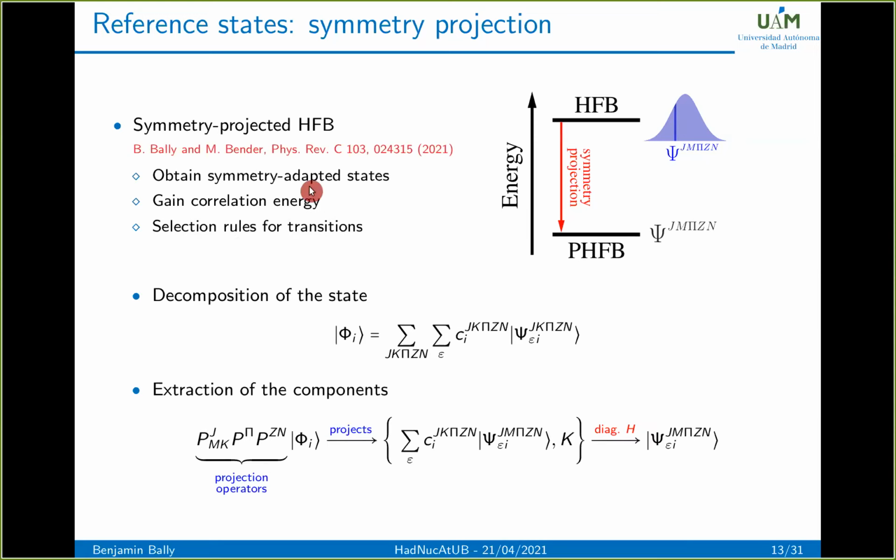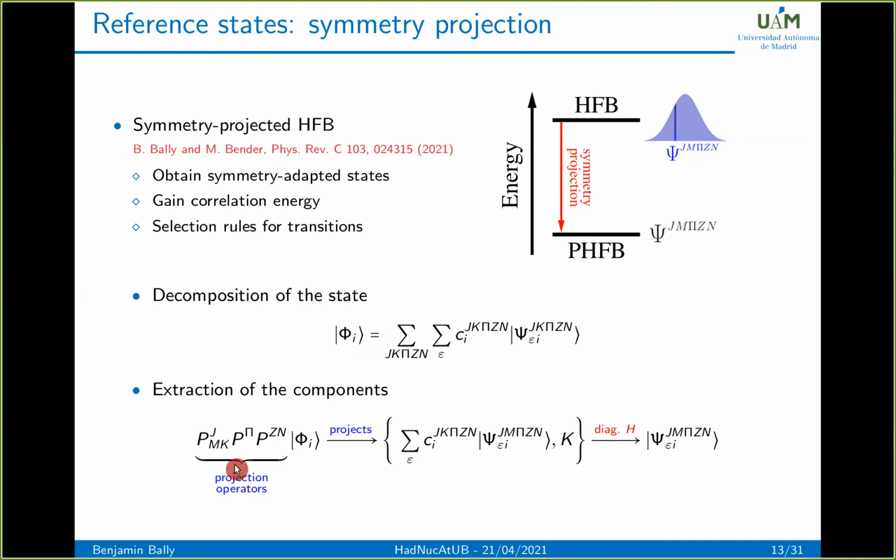So just to say two more words about it. Basically how it works is that you build your state phi during the minimization, and because it does not have the good quantum numbers, it can be written as a superposition of different states psi that have good quantum numbers. What you do is that you use what are called projection operators that are given to you by group theory, and you apply them to your state phi.